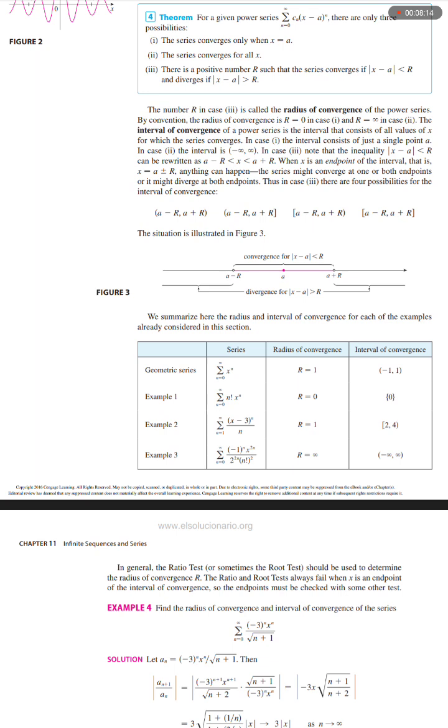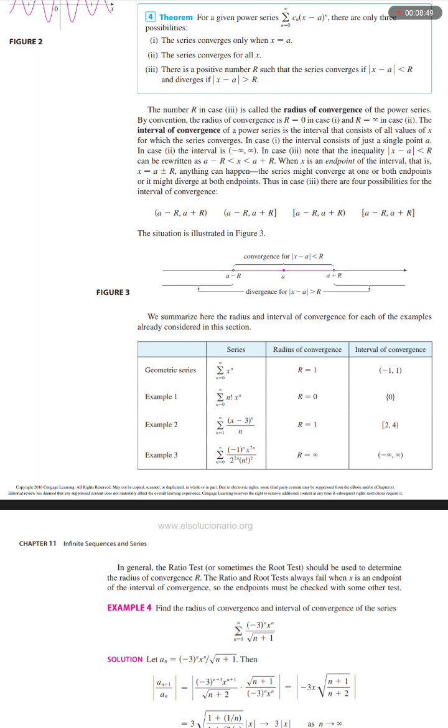We summarize here the radius and interval of convergence for each of the examples already considered in this section. There are columns: the geometric series, example 1, example 2, example 3. We have the series column, a radius of convergence column, and an interval of convergence column.